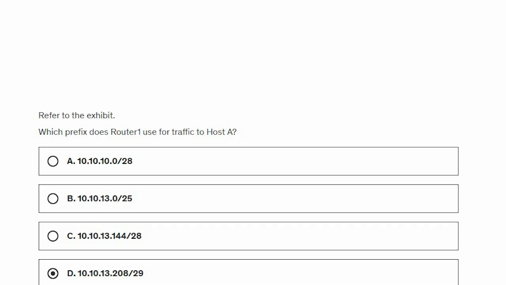Answer number 4, which is the correct answer. The prefix 10.10.13.208/29 matches the IP address of host A, 10.10.13.10, so router 1 uses this prefix for traffic to host A.